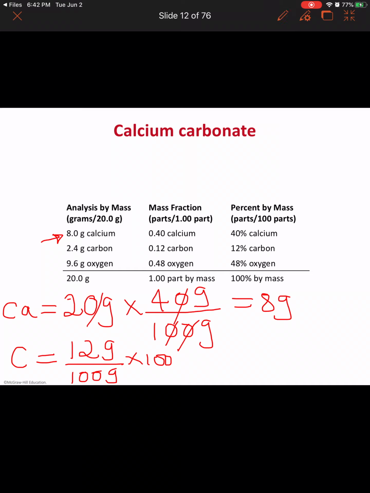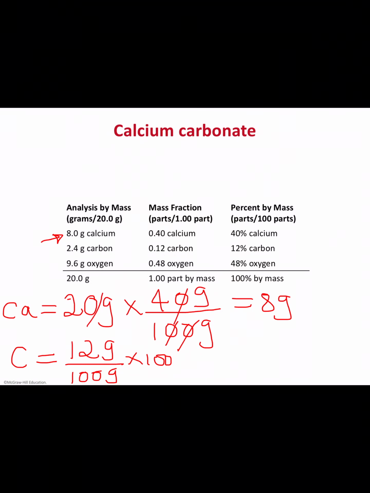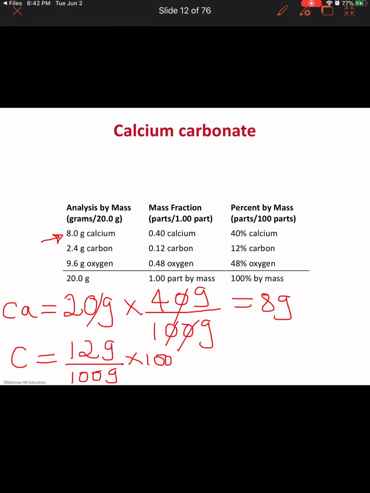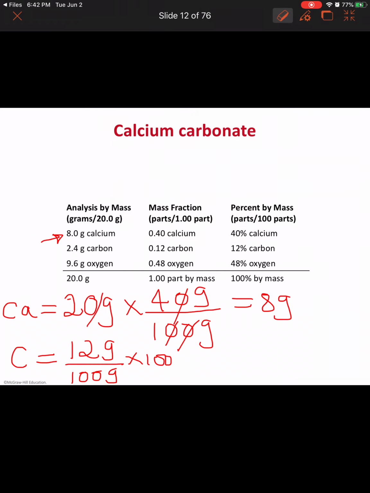And then we were looking at a 20 gram sample. Okay, I forgot to write the 20 gram to begin with. Let me do that again. So you're starting with 20 grams. If you take a 20 gram sample, your ratio is 100 gram calcium carbonate.